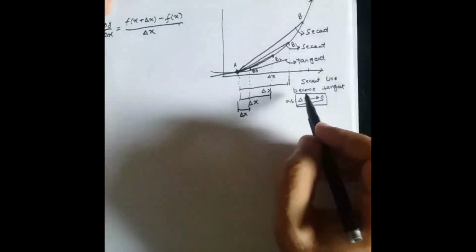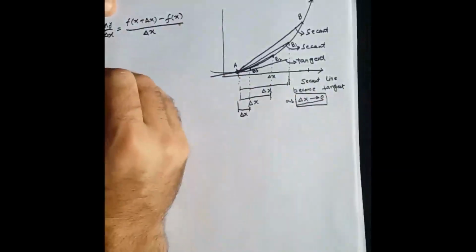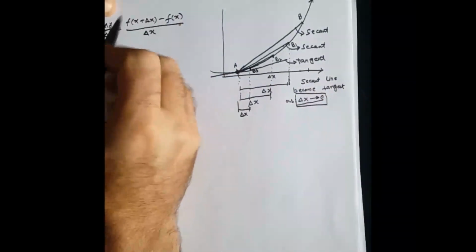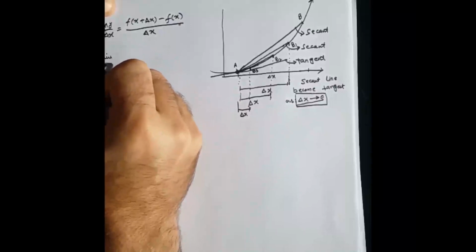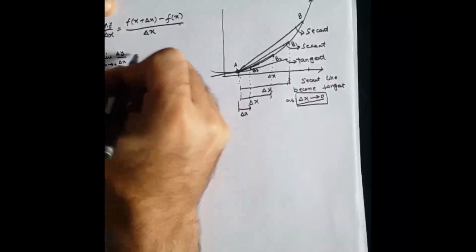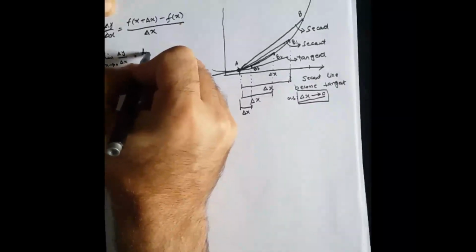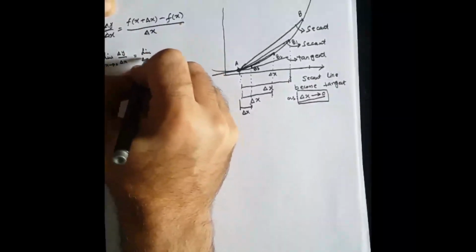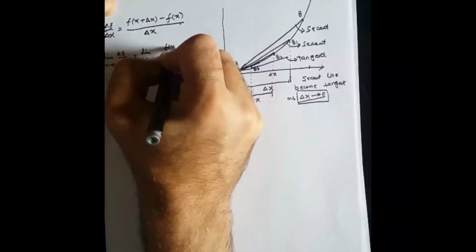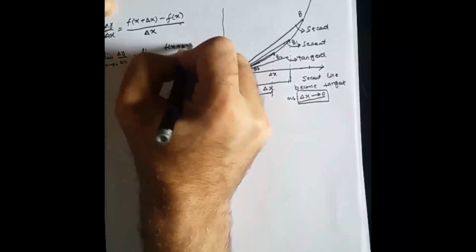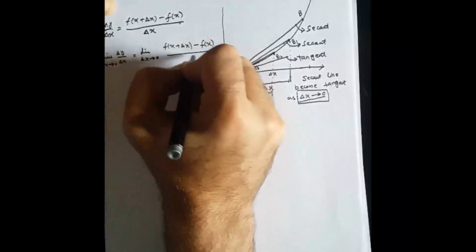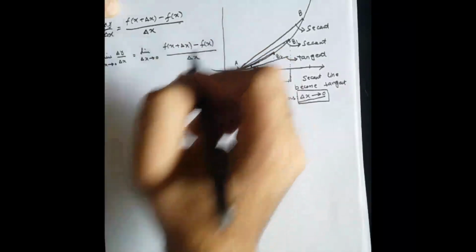So for the tangent line, taking the limit as delta x approaches 0, delta y over delta x is equal to the limit as delta x approaches 0 of f of x plus delta x minus f of x over delta x.